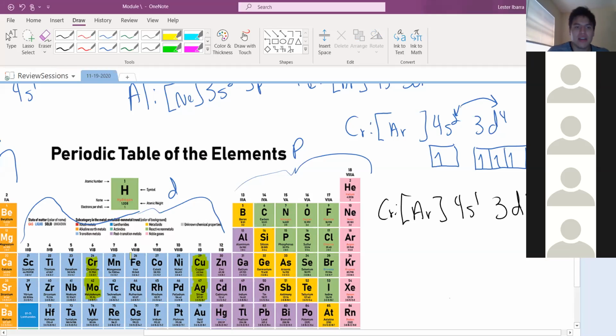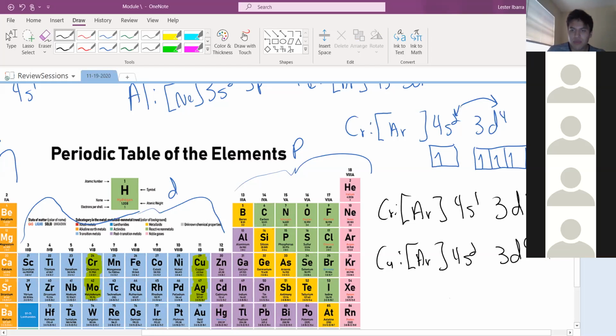Oh, okay. So these elements would have that exception of jumping from 4s2 to 4s1. To make sense of it, let's go to another example like copper, which is Cu. Generally, going back to the previous method, you would do argon, then 4s2, and then 3d9.